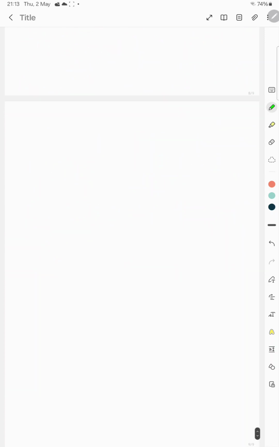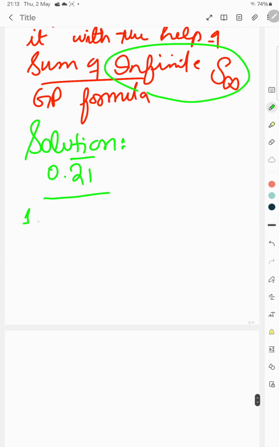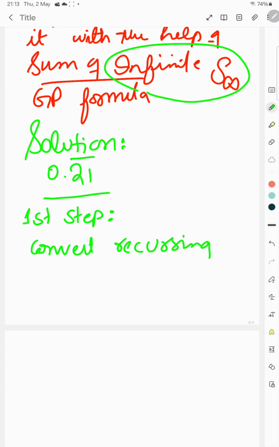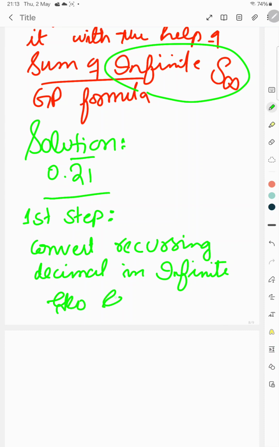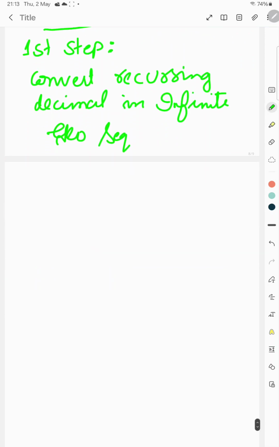So here the first step will be: convert the recurring decimal into an infinite geometric sequence or progression.